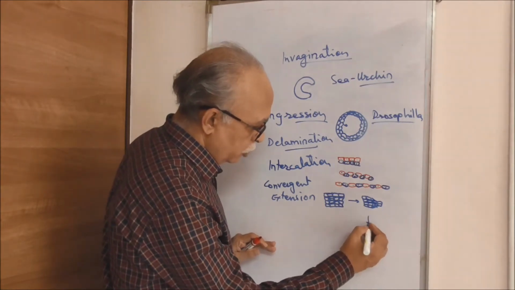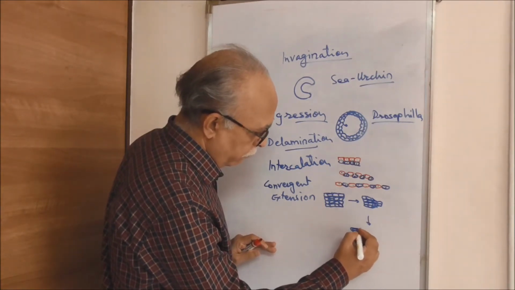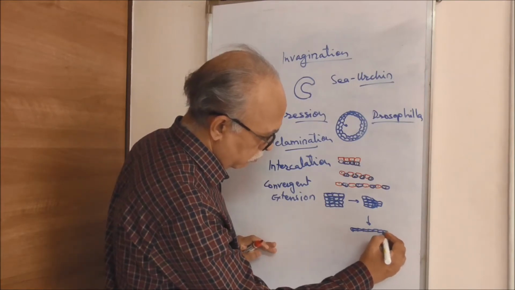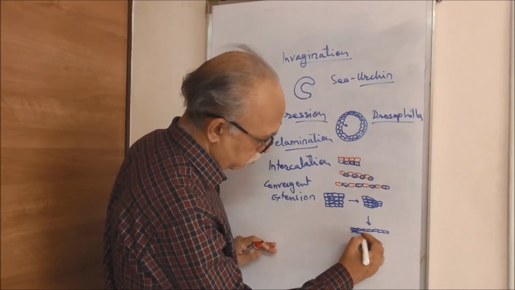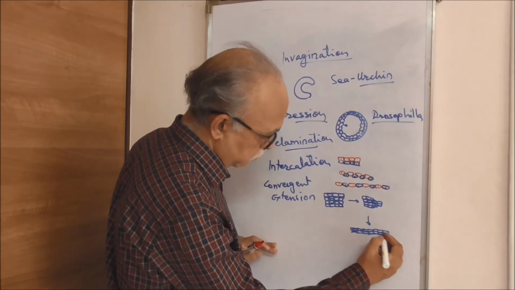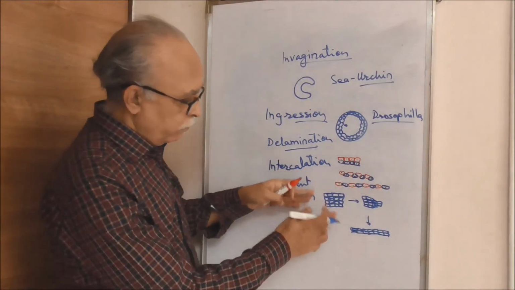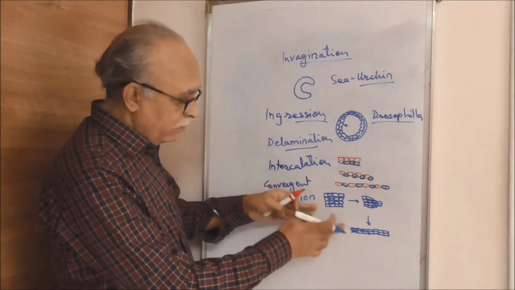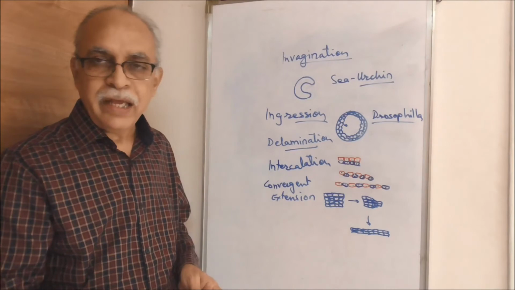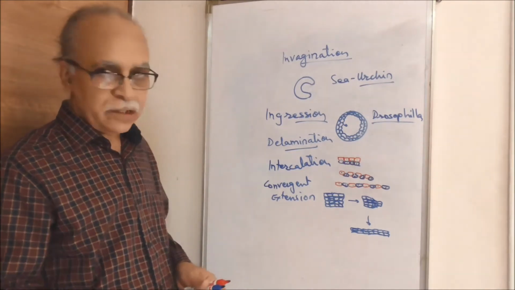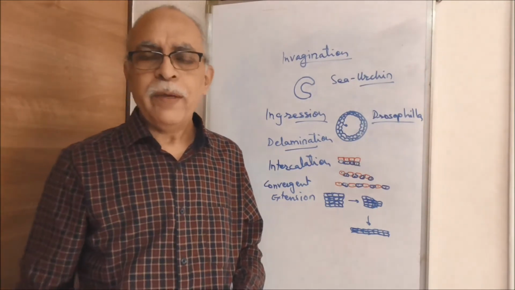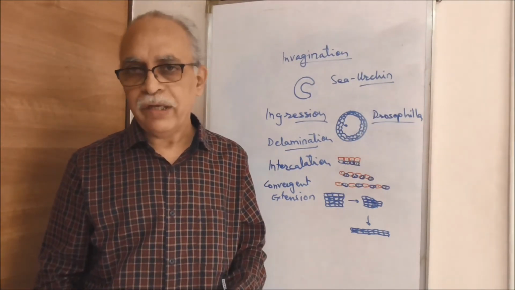Further, that would continue and result in the formation of a longer layer. But instead of four, there are only two. So these have converged into the existing two lines. It's called convergent extension. That's one more way in which gastrulation can take place. Now that's a broad outline of the various ways in which gastrulation can happen.